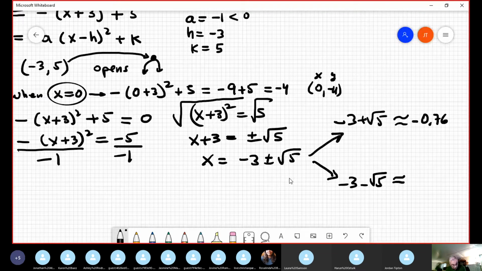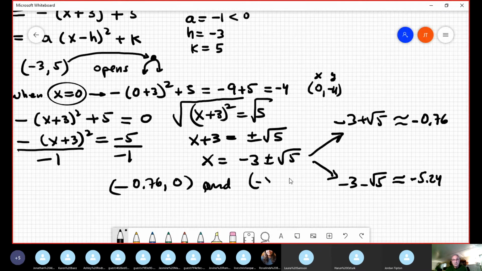And now the subtraction is -5.24. Therefore, we have 2 points. The points are (-0.76, 0) and (-5.24, 0). So we have the parabola.